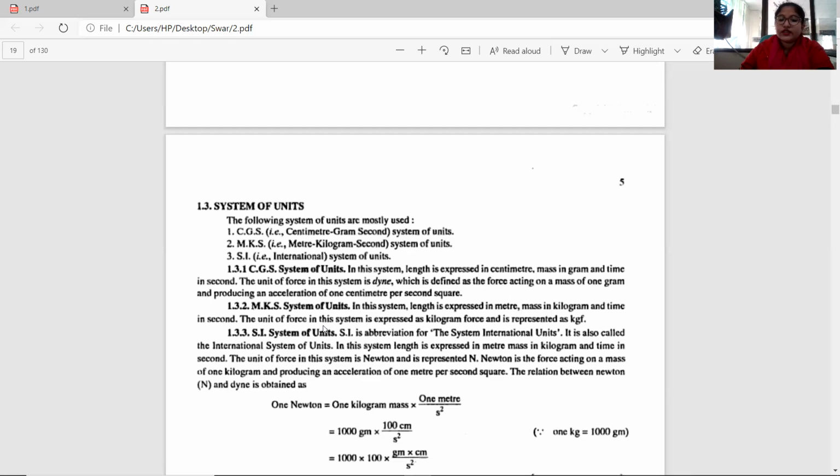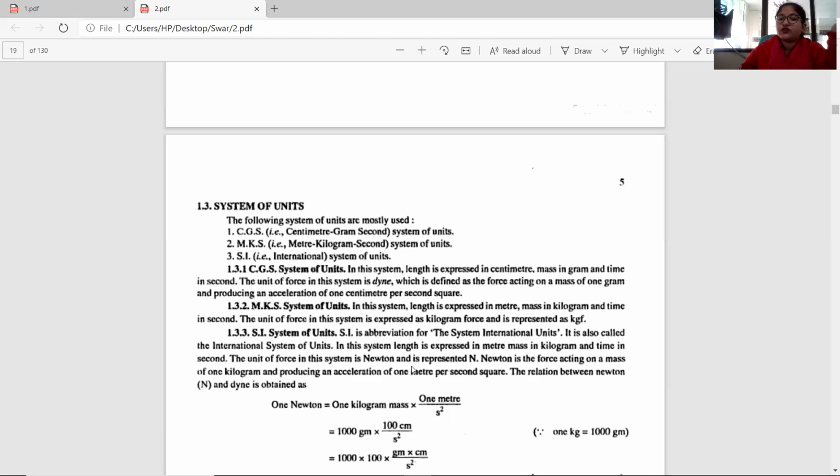In this system, length is in meter, mass in kilogram, and time in seconds. The unit of force in this system is Newton, represented by N.